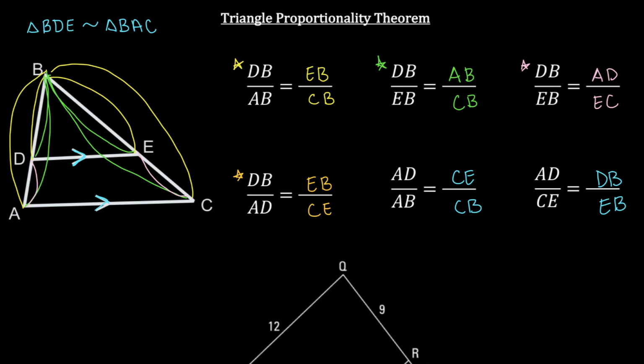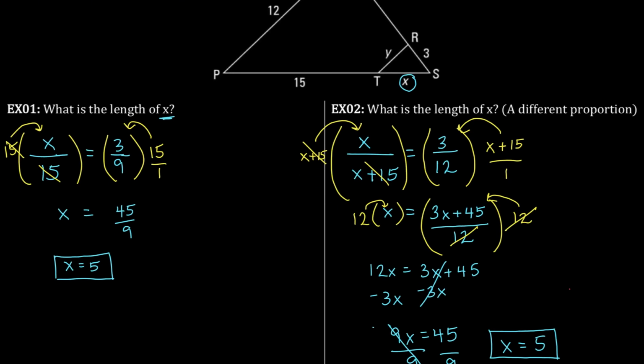So no matter which one you use to find x or y or whatever, you'll end up with the same answer, because all the relationships are true and they go together. One relationship doesn't make another relationship not true. They all complement each other.